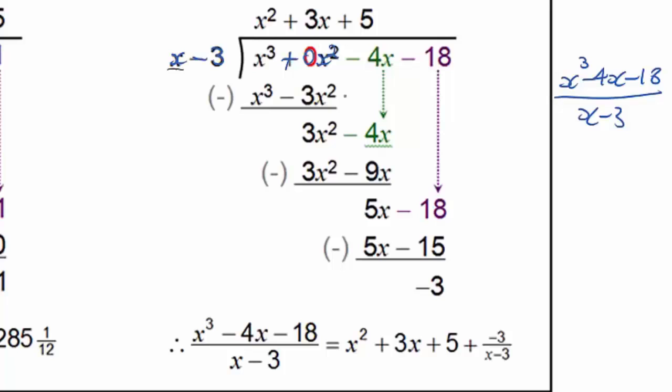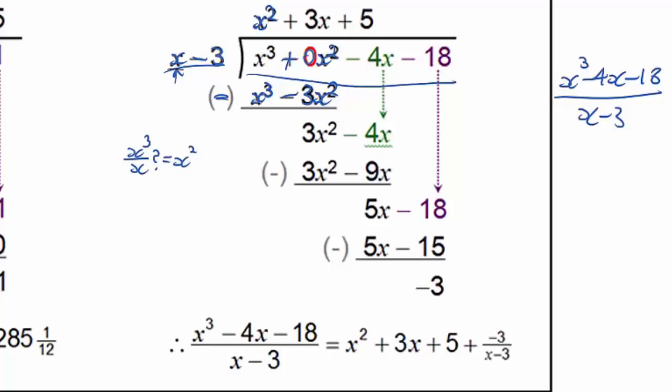So how many times does x go into x cubed? Which is x squared. So you write x squared at the top and you multiply this number into this polynomial, which gives you x cubed minus 3x squared, and you subtract that from this equation.